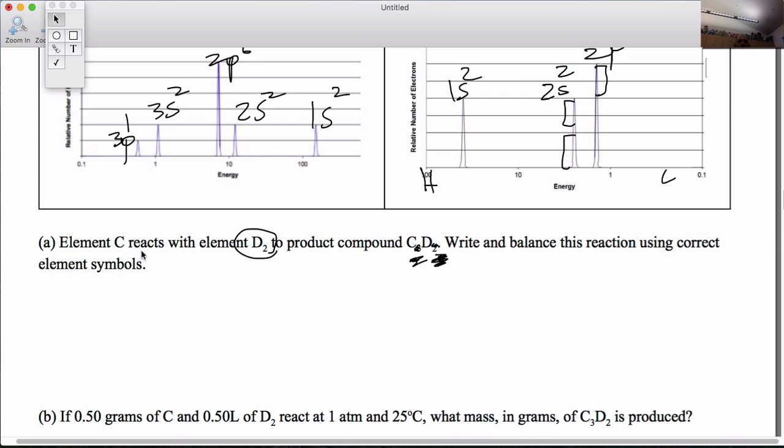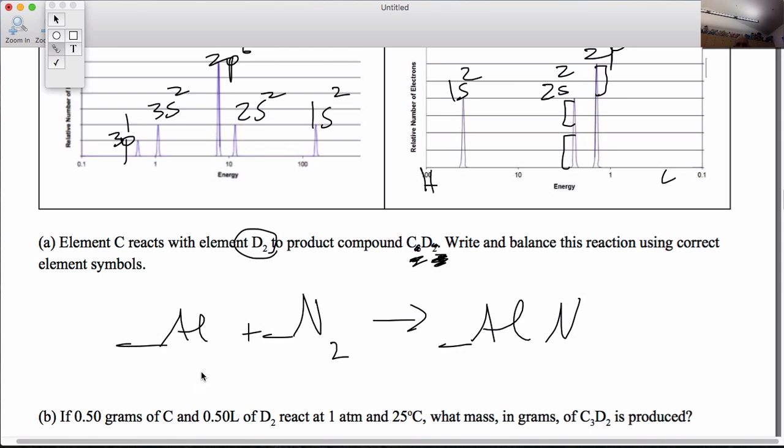Okay, that was annoying. So element C, which is Al, reacts with element D2. D is N, N2, to produce CD, which would be AlN. Okay, and I'm going to balance it now. So when I balance it, I'm going to put a 2 here, and a 1 there.